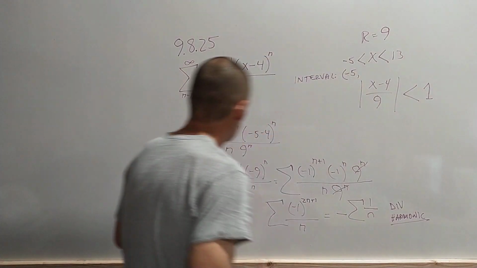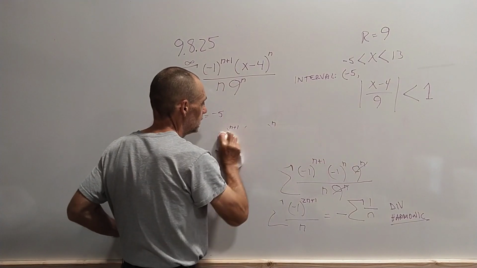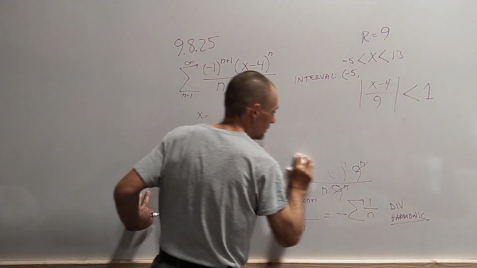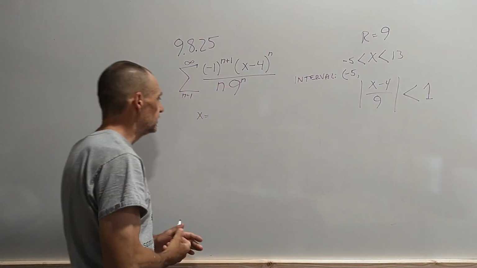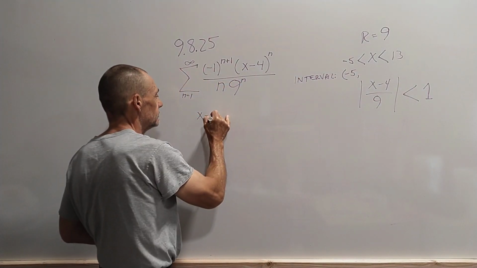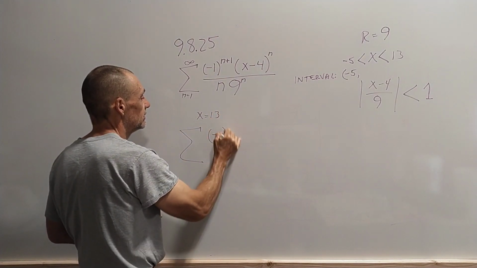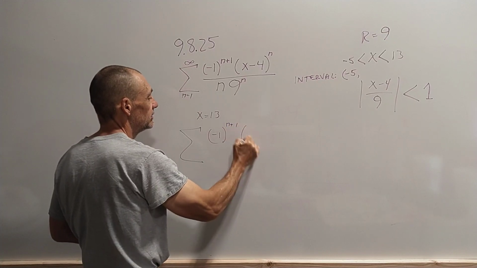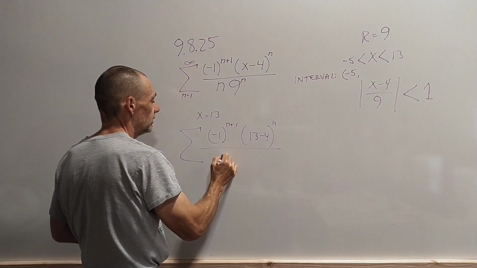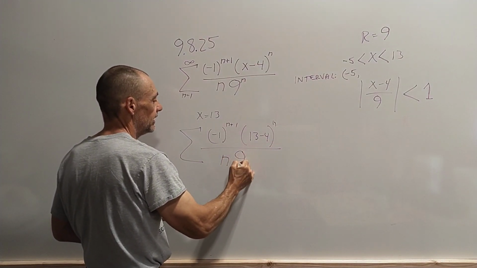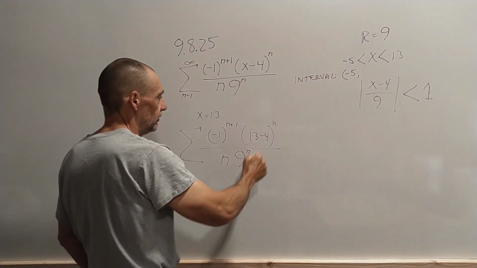Now the next one we're going to have to do is going to be x equals 13. That's going to give us -1 to the n plus 1, 13 minus 4 to the n, over n, 9 to the n. 13 minus 4 is 9, so this is 9 to the n over 9 to the n.